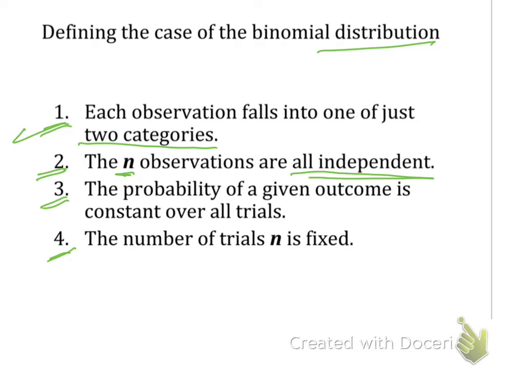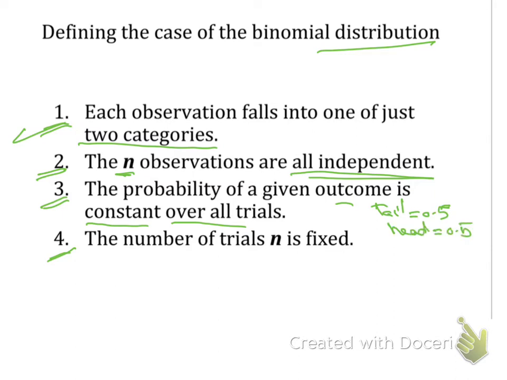The same applies in the case of the patient also. The third rule: the probability of a given outcome is constant over all trials. This is what we just mentioned. The probability of the tail will always remain 0.5, and the probability of the head will always remain 0.5.